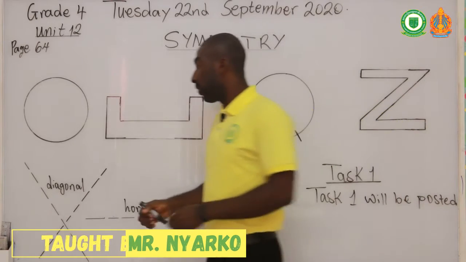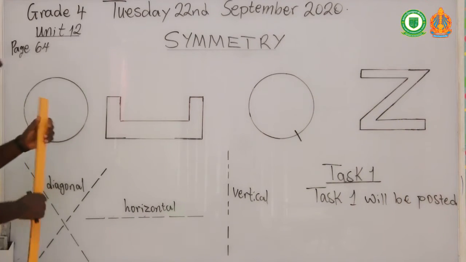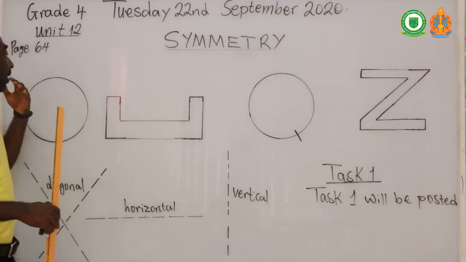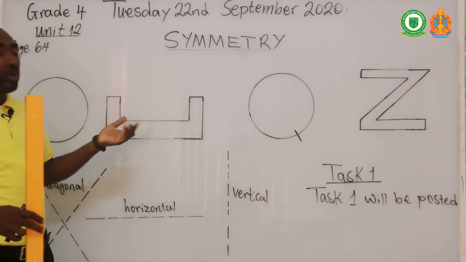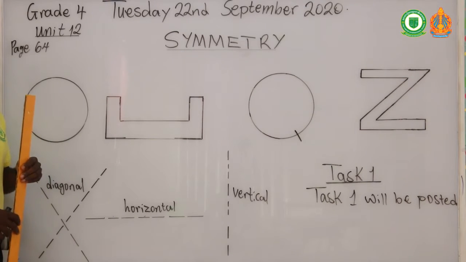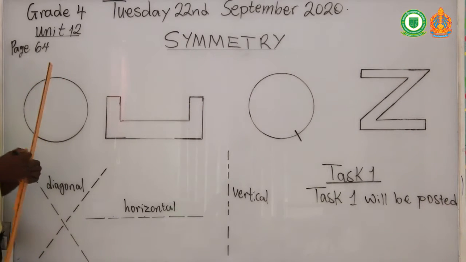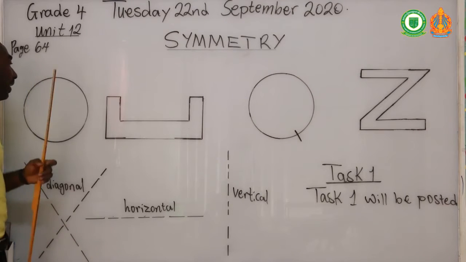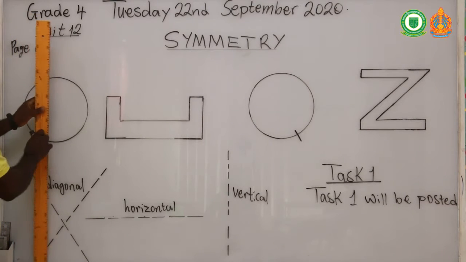Okay, so now we know that our circle will have uncountable lines of symmetry. So it means any side that we put our line of symmetry is going to work for us to have equal halves.